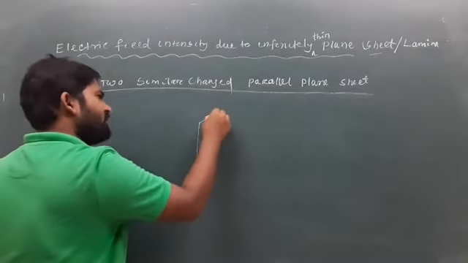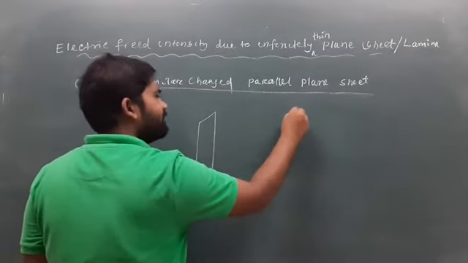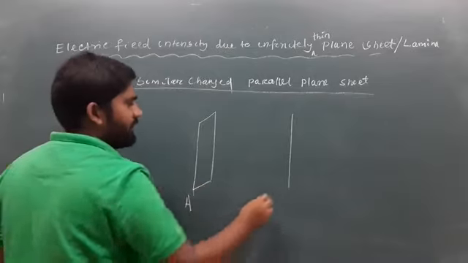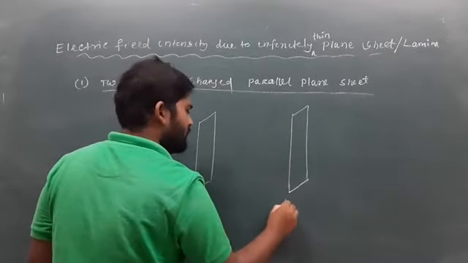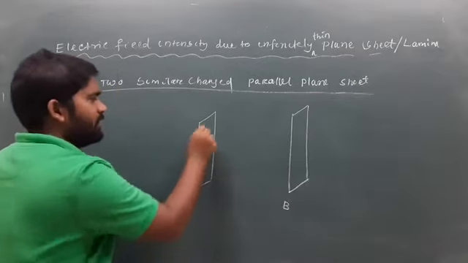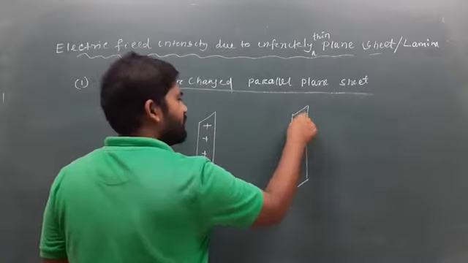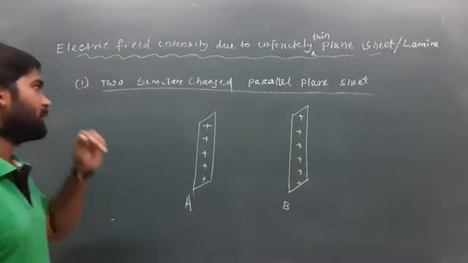Suppose I consider both the plane sheets are positive. So this one is plane sheet A, this one is my plane sheet B, and both the plane sheets contain a similar type of charge. Suppose both contain positive charge.